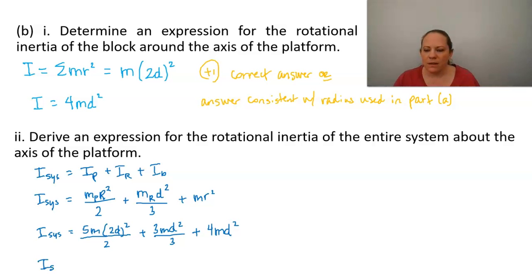And notice that when we factor out the md squared, we have 10 plus 1 plus 4 times md squared, and our final result is going to be 15m times d squared.